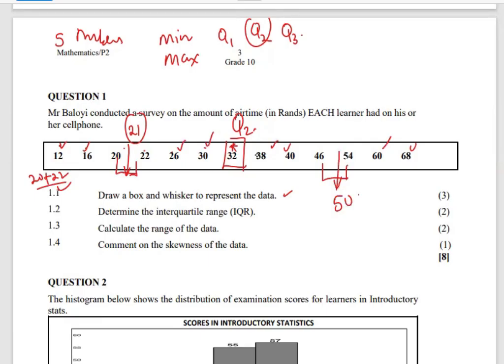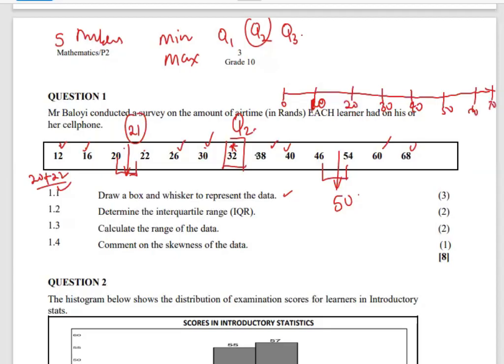If I'm to draw my box and whisker, remember it needs to be on some sort of a ruler or a line. If I use intervals of 20, will it make sense? No, 20 is too small. Let me use 10, 20, 30, 40, 50, 60, and probably 70.